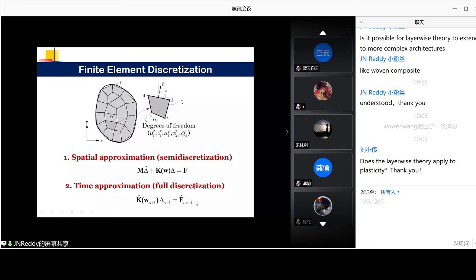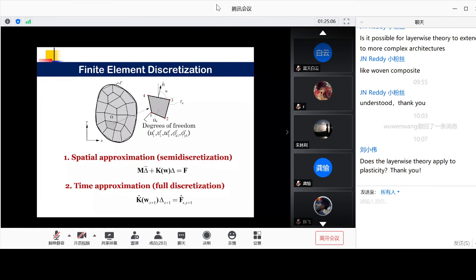We need to solve them somehow, which I will discuss in a few minutes. In the equation shown here, the S refers to the time step. That means it only gives you the solution at a particular time in the time history. You cannot get all of the solutions at once, so you have to march in time.